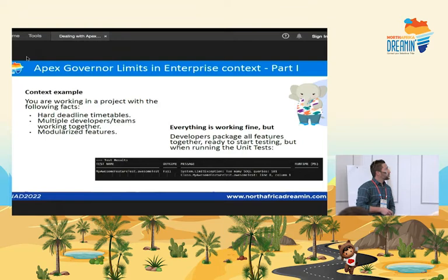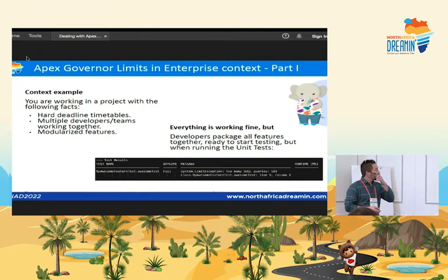Now let's look at an example. You and your team are working on an important project with a really hard timetable, and stakeholders are also pushing really hard. You have multiple teams working together on different parts of the project to speed up the process as much as possible. You also have several developers working in parallel on modularized features of the project.